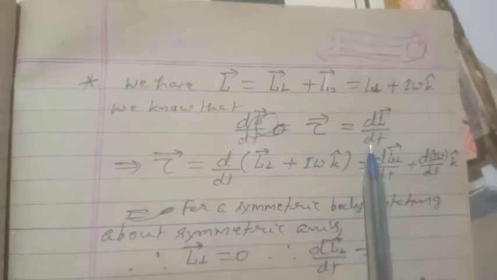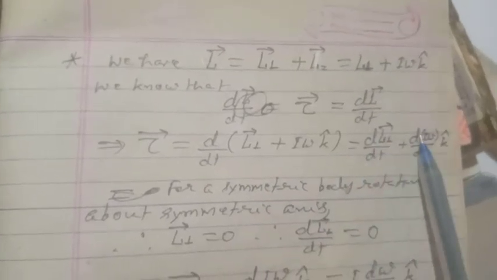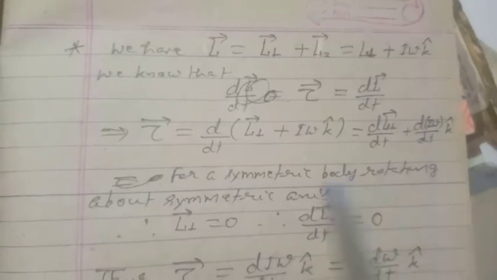So we have L vector equal to L perpendicular plus Lz, equals L perpendicular plus I omega k cap. We know that tau vector equals dL by dt. This implies tau vector equals d by dt of L perpendicular plus I omega k cap, that is dL perpendicular by dt plus d(I omega) by dt into k cap.